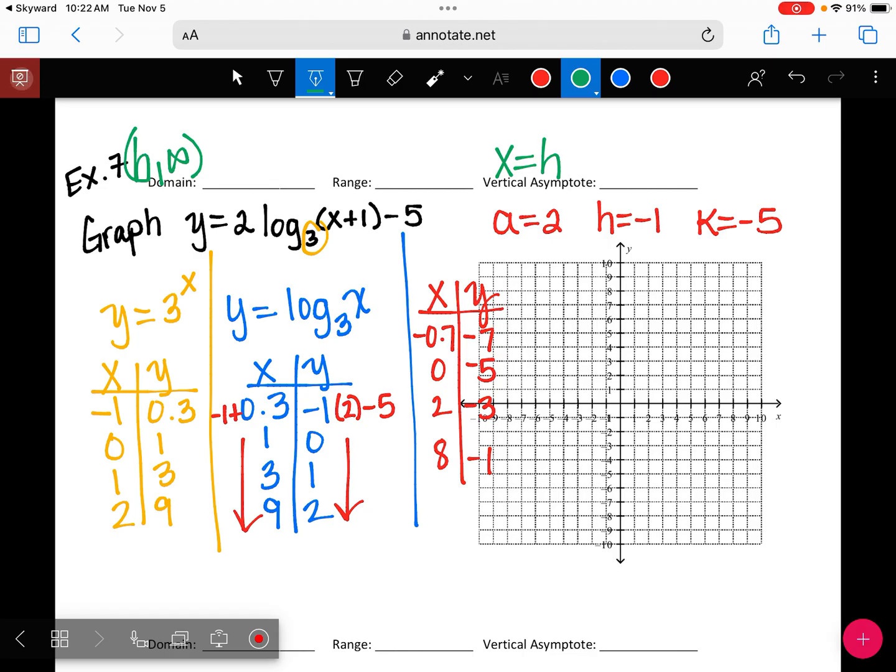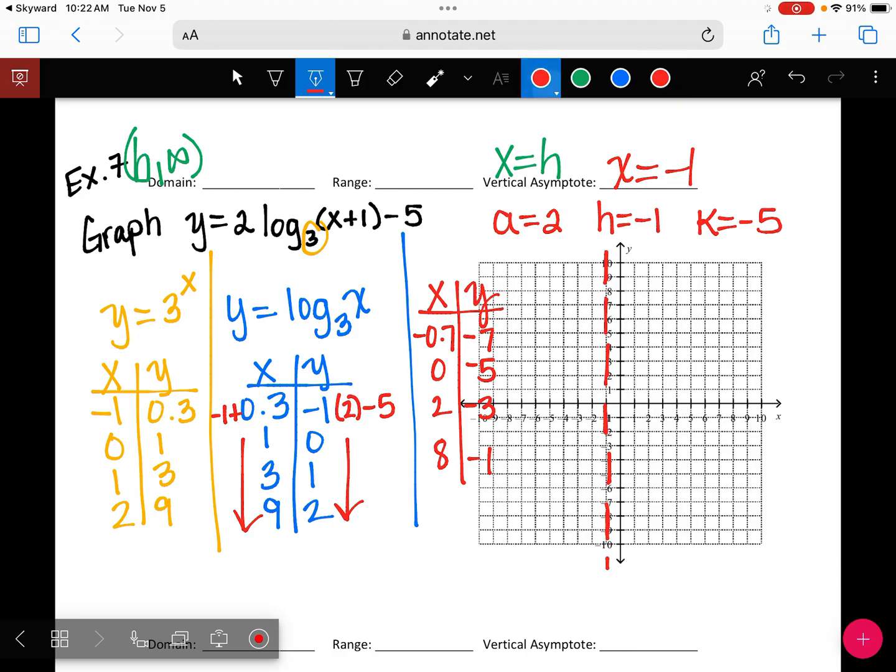Okay, so this is the table I have. So again, we know that our vertical asymptote will be at x equals h. So that would be x equals -1, and I'm going to draw that in. My little dash, which is optional. You don't have to draw it. I like to draw it so that I just remember not to go through the wall.